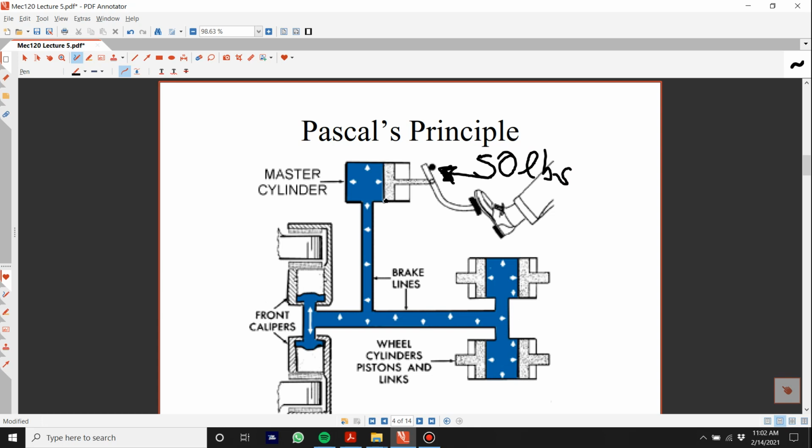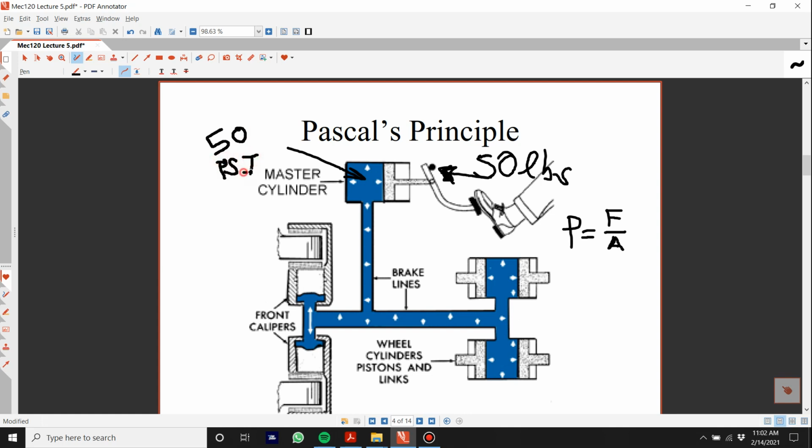Now imagine we have a cylinder here that has a 1 inch squared cylinder. Well, that would tell you, well, how are you supposed to know this? But if pressure is equal to force over area, which I covered in that little demonstration before, we know that we can produce 50 psi.